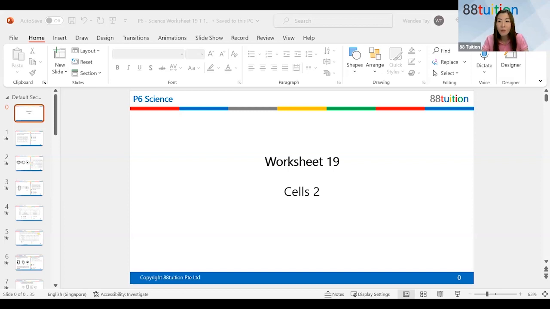In Sec 3 and 4, let's say you choose to do biology, definitely you have to go in full details. Cells are not so simple. Like what you have seen in the video is not going to be so simple. Like animal cell only has the cell membrane and then the cytoplasm and the nucleus. It's more than that, a lot more than that, in fact.